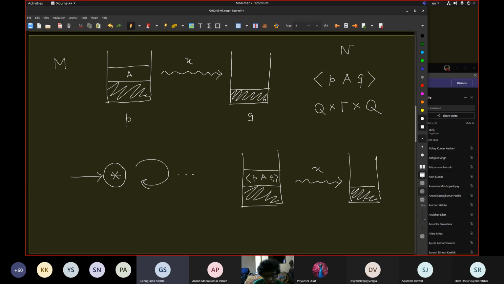This is how N will simulate the work of M. It's not just remembering one state, but this formal way. It's a little difficult for you to visualize, but I will give you soon an example.